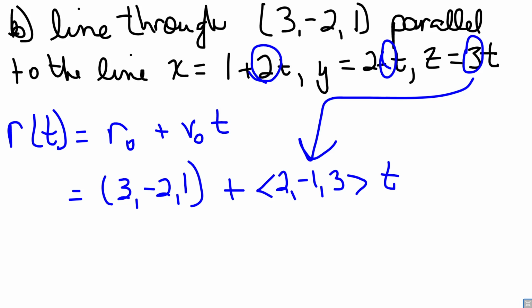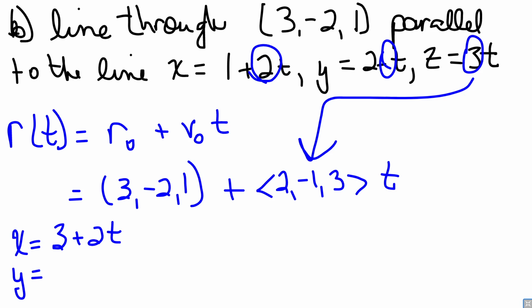Okay, so now all I'm going to do is pull this apart. I want to write a separate equation for each of the variables. So for x, what would the parametric equation look like? Yes, it'll be 3 plus 2t.